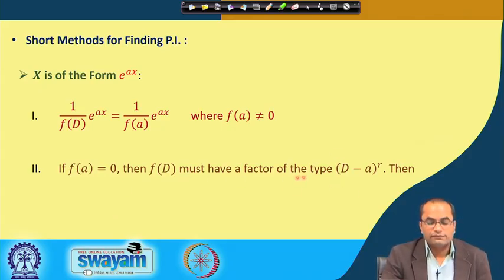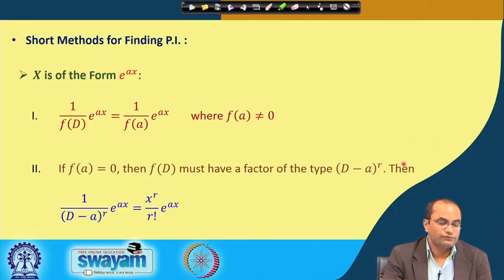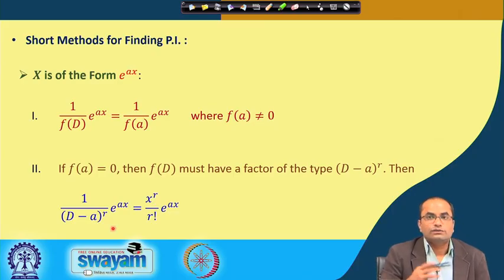f(D) must have a factor of this type (D minus a) power r, and in that case the general formula for 1 over (D minus a) power r e power ax will be x power r over factorial r, like in the case of 2 we have seen it is x square by 2, and in the case of 3 we will get 3 and 2 earlier. So, factorial will come.